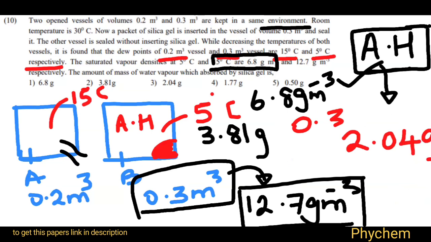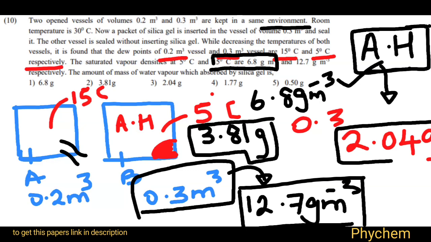So finally you finished. You know the initial water vapor in the container B, which is 3.81 gram, by using the data. And after putting silica gel, you have counted the currently available water vapor, which is 2.04 grams. So they are asking for the amount of water vapor which is absorbed by the silica gel.